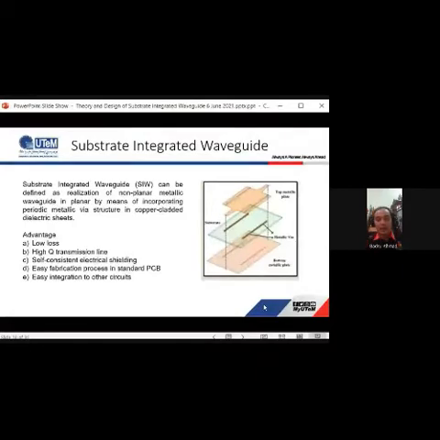It has a high Q transmission line, of course with better performance than the microstrip, and it has self-consistent electrical shielding, because it shields from penetration from outside, and also the nature of the signal propagating inside the waveguide or SIW is different from that in microstrip. It's easy to fabricate, and also easy to integrate with other planar devices. Okay, next.